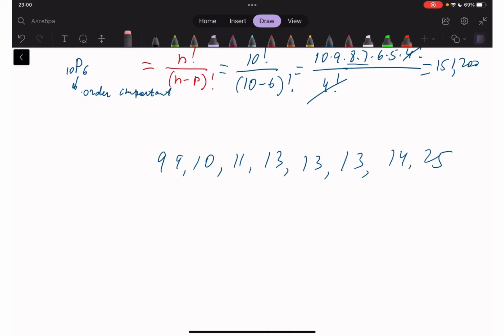Since we have 10, it's going to be the fifth and sixth elements. 1, 2, 3, 4, 5. 5 and 6, these two. So the average is going to be 13 plus 13 divided by 2. It's going to be 13.